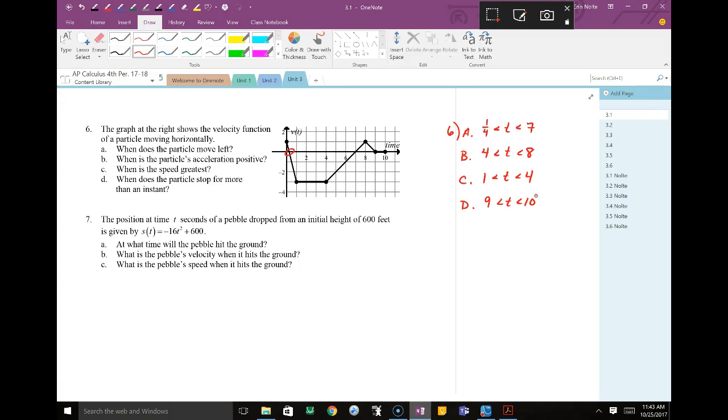Basically, you could think of it as the furthest away from the x-axis. And then D, because it's at 0. The velocity is 0 for more than an instant, yeah. Not because it's the longest amount of time, just because it's for more than an instant, 1 second.